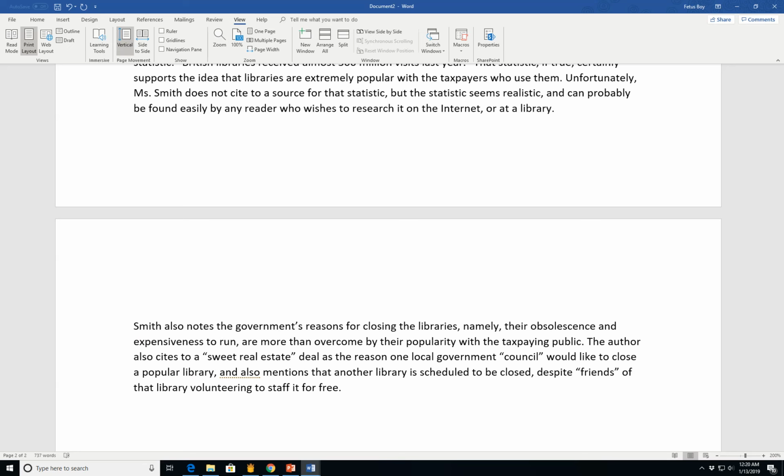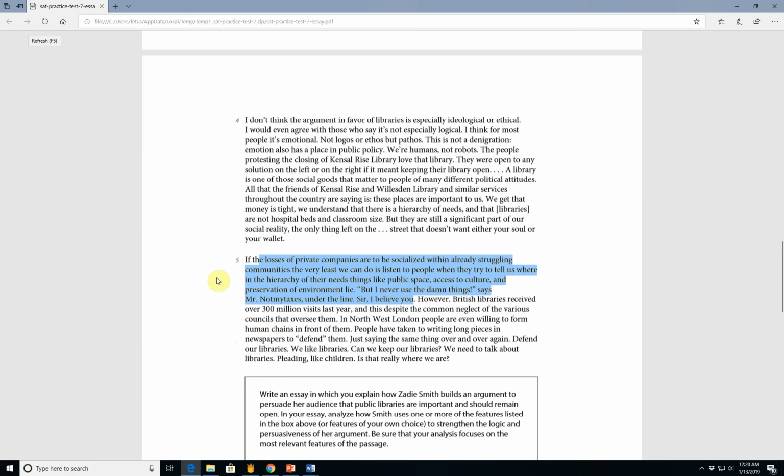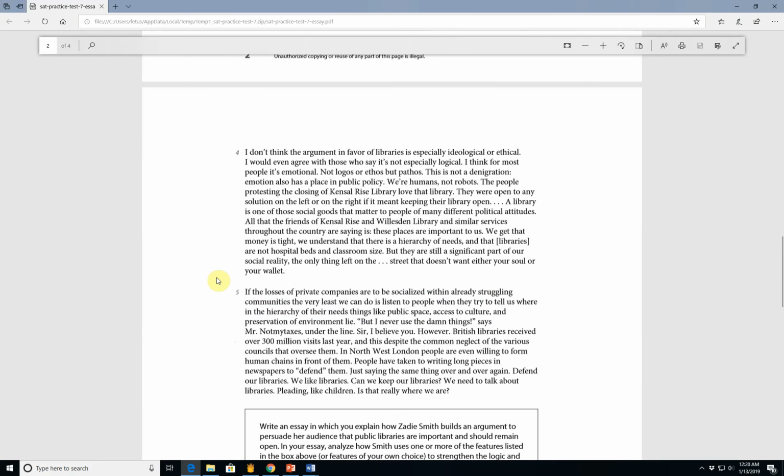Smith also cites a real estate deal, as one local government council, that's what they call local government in Great Britain, would like to close a popular library, and mentions that another library is scheduled to be closed.